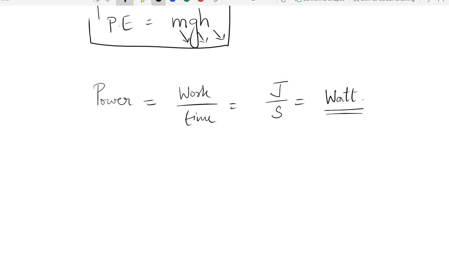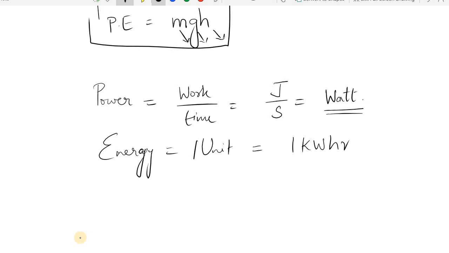But watt is a very small value. In case of electricity, we talk about kilowatts, and the amount of energy consumed is referred to as units. So what is 1 unit in electrical parlance? 1 unit is defined as 1 kilowatt hour.